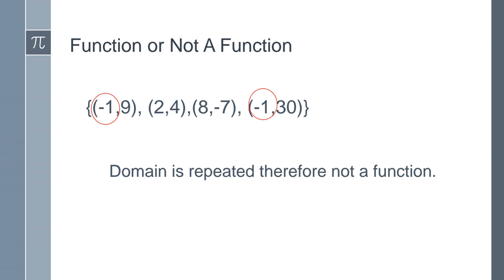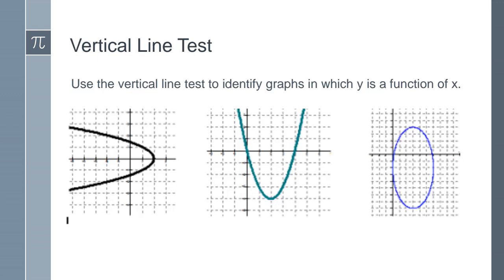So that's a red flag. If this were a function, -1 would have to correspond to only one y value, and it's not. It's telling me that -1 sometimes is 9 and -1 sometimes is 30. We cannot have that. The domain is repeated, therefore it's not a function. Okay. Hopefully we can easily see these, right?